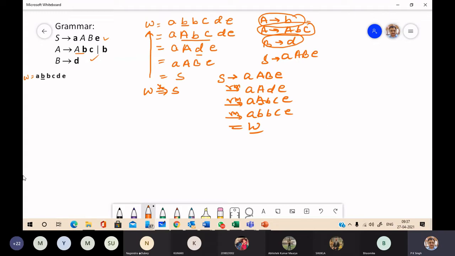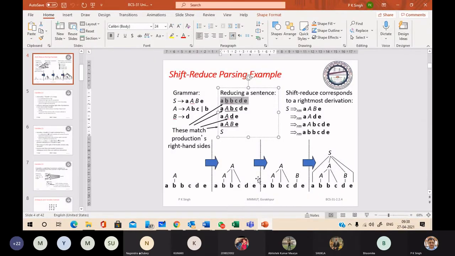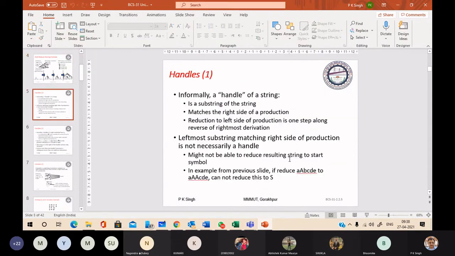We can define a handle. A handle is a substring matching the right side of a production, and reducing it by its left side means that if you replace that substring by its left side, you get the previous right sentential form of the derivation of the string.